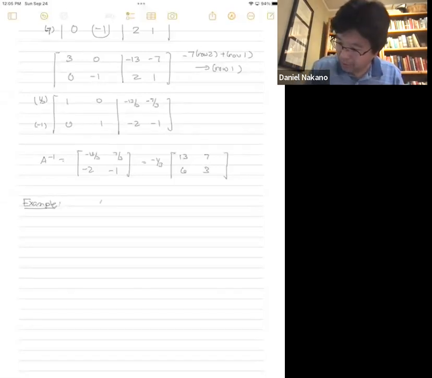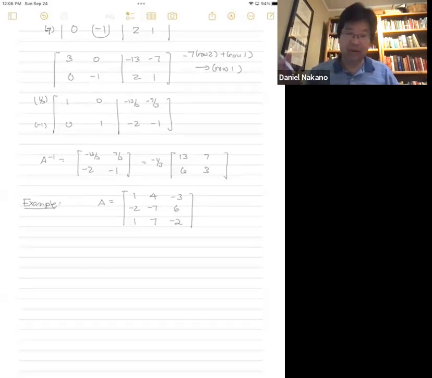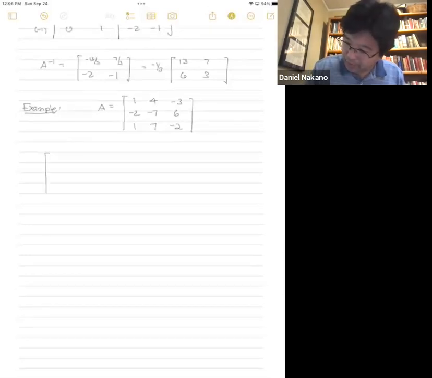So here A is going to be the matrix 1, 4, -3, and -2, -7, 6, and 1, 7, -2. Okay, so it's a 3 by 3 matrix, and we're going to apply the same procedure, but it's going to be a little bit more complicated. Okay, so let's do that.